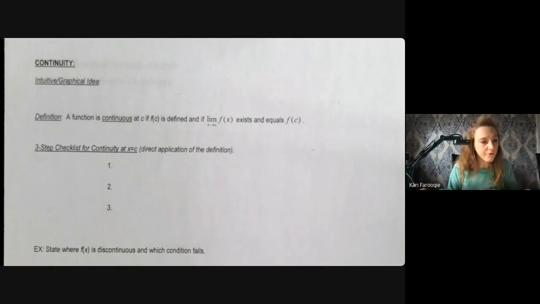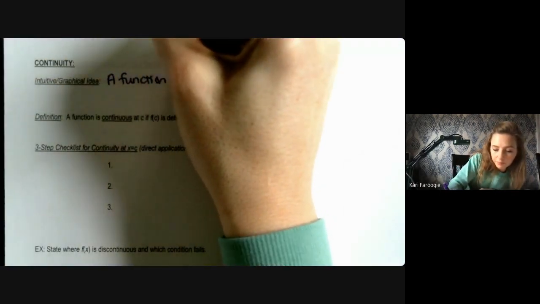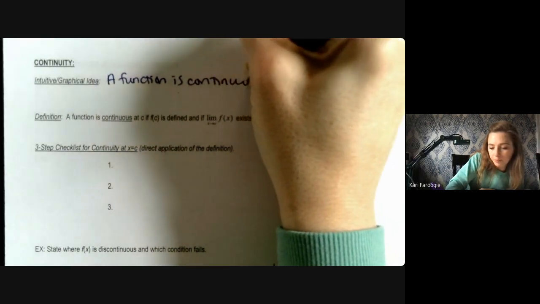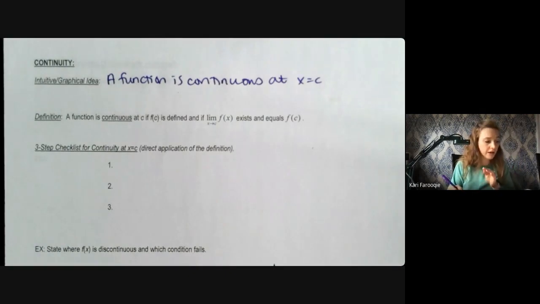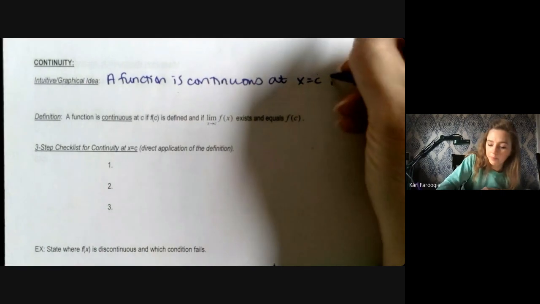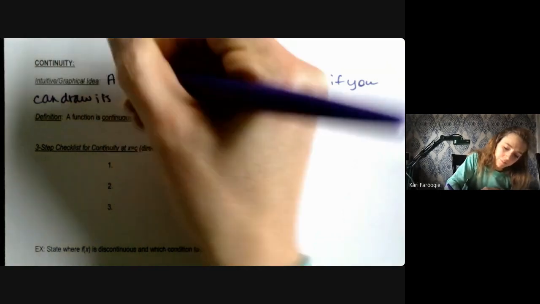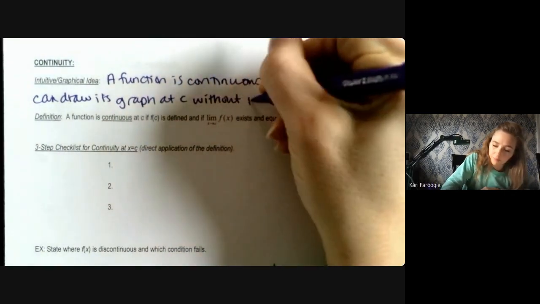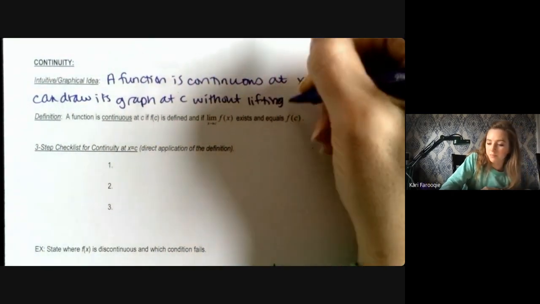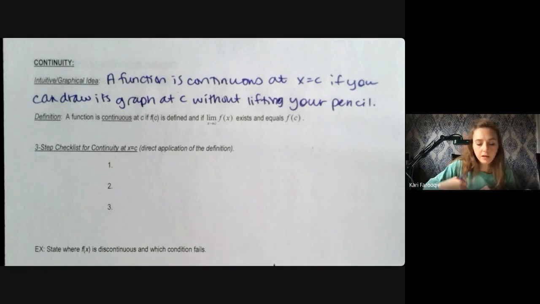So the intuitive or graphical idea is a function is continuous at x equals c if you can draw its graph at c without lifting your pencil. That's the idea.